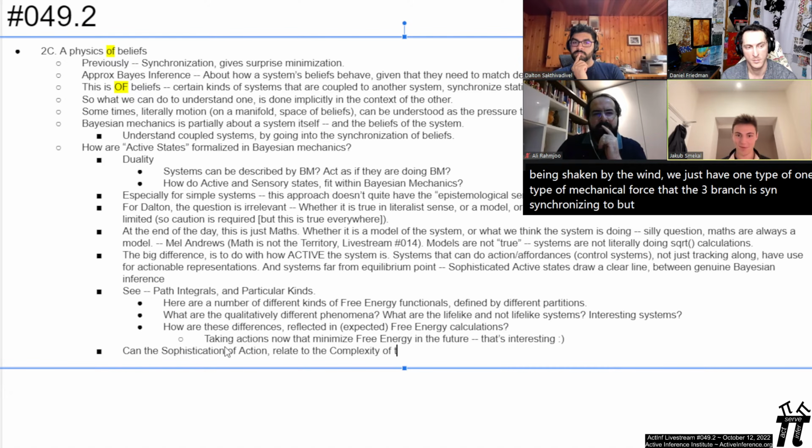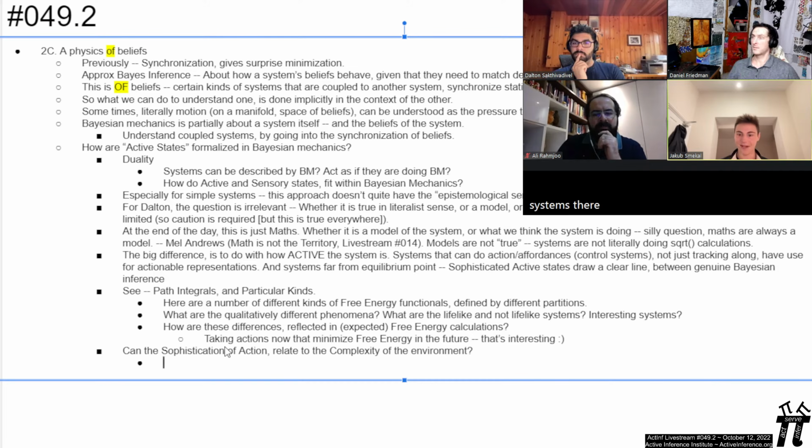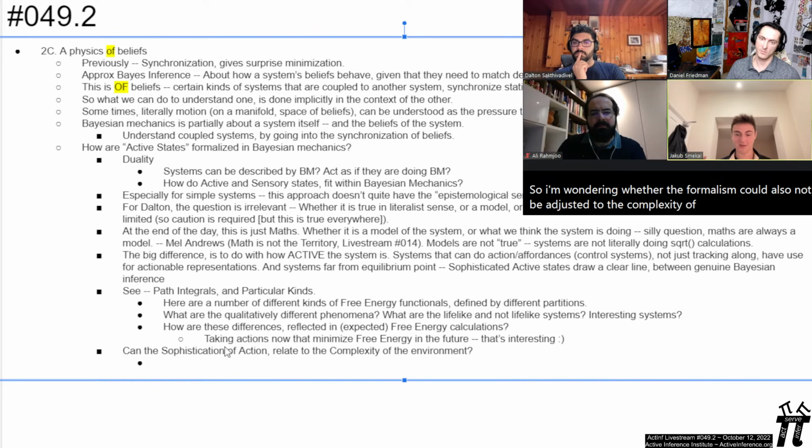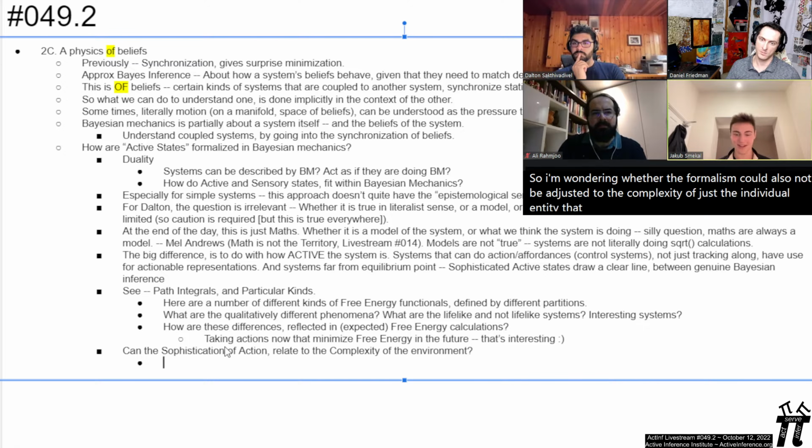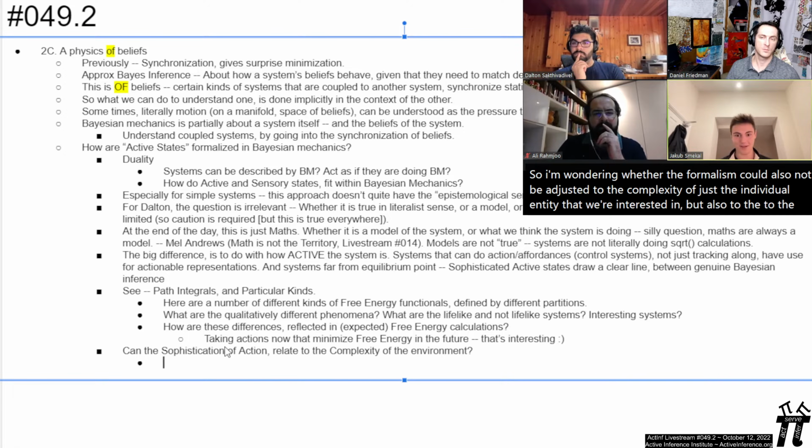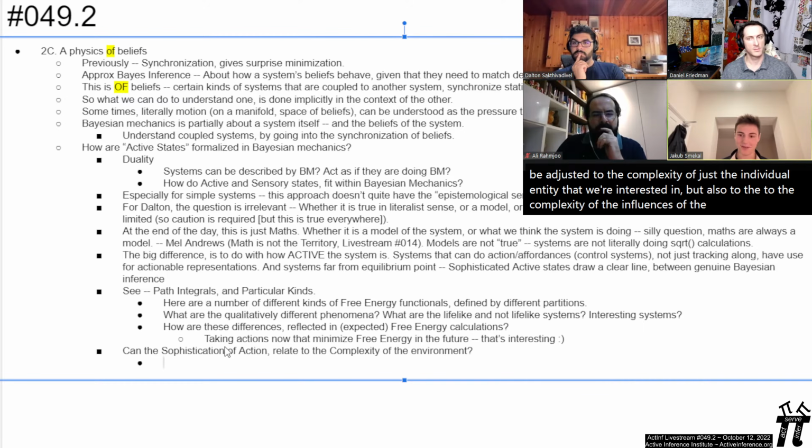But in a more complex environment with living systems, there are many more, maybe not explicit forces, but maybe cognitive forces or biological forces that the systems might need to couple to. So I'm wondering whether the formalism could also be adjusted not to the complexity of just the individual entity that we're interested in, but also to the complexity of the influences of the environment that the system couples to.